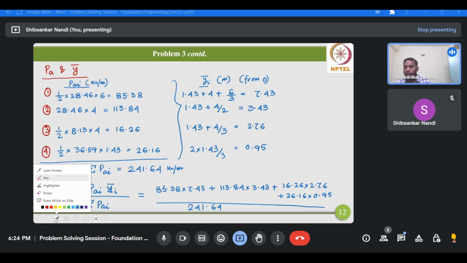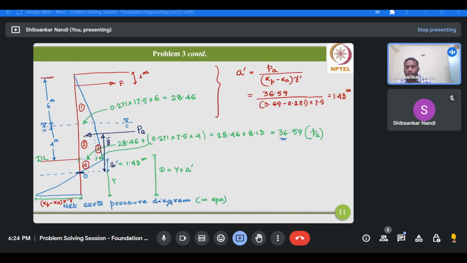If you calculate, this value becomes 4.53 meter.